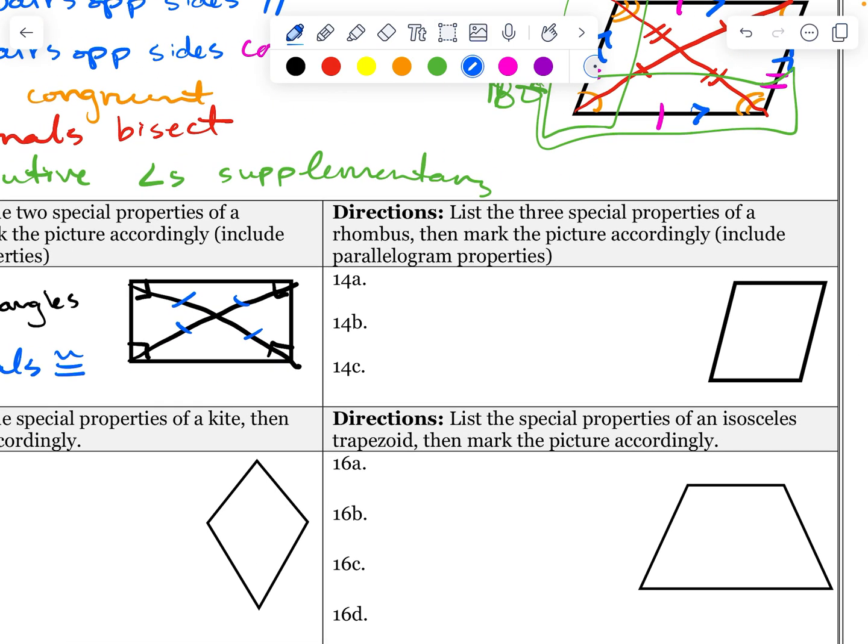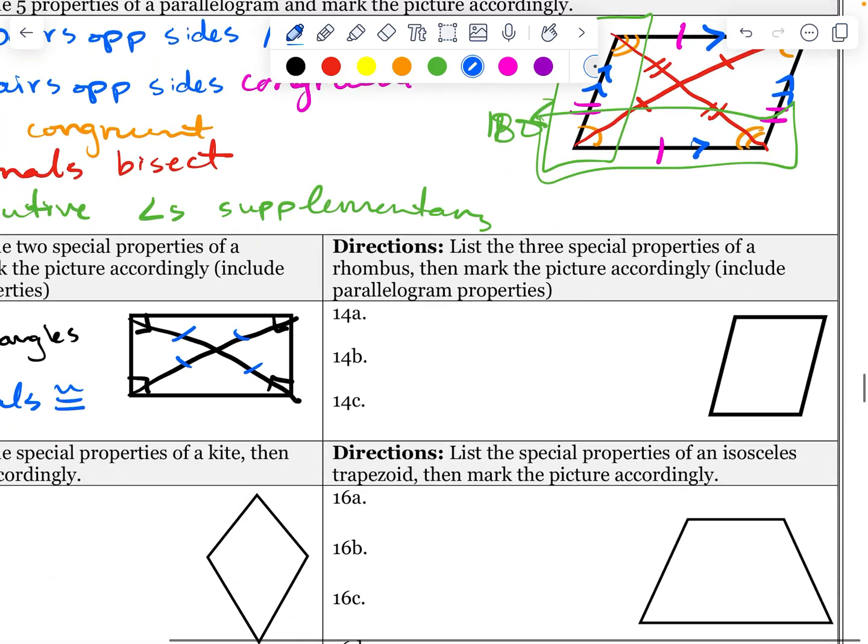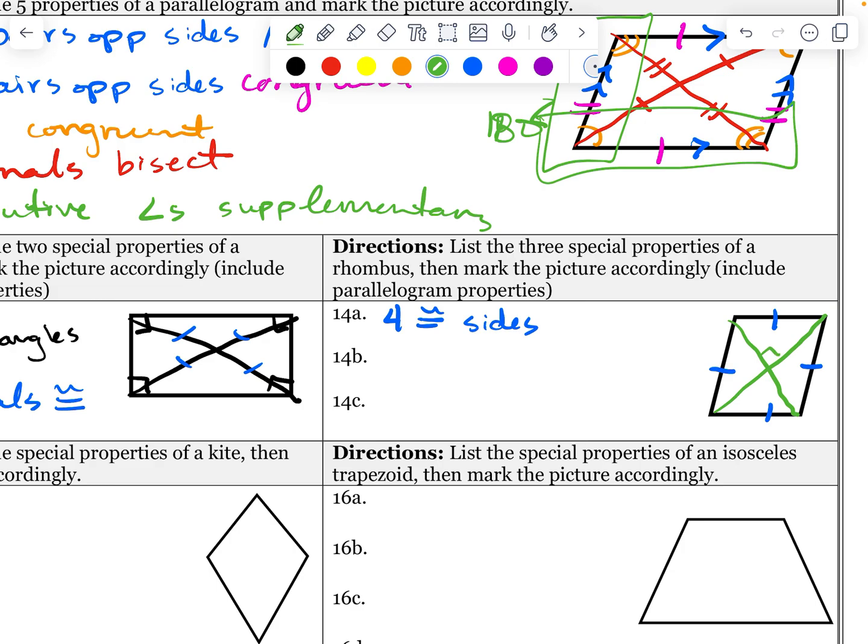A rhombus has all the same properties as a parallelogram, and all 4 sides are equal. 4 congruent sides. The diagonals make 90s. And the diagonals bisect each other, or diagonals bisect opposite angles.